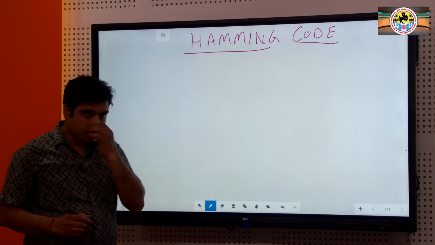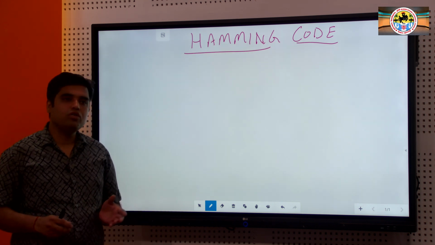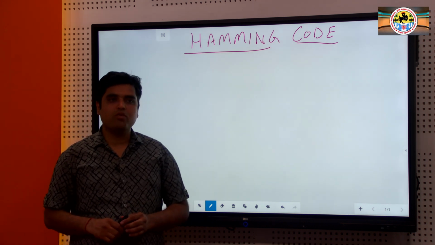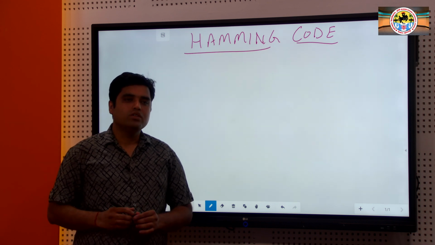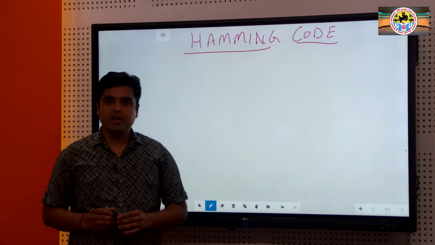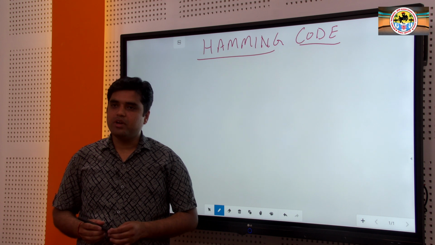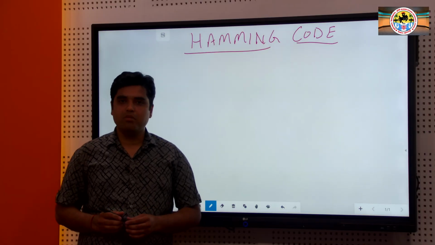So, let us see how you get a data and how you encode the data, make a Hamming code, and transmit the data or code. At the receiver end we can check whether our data is corrupted or not by using the Hamming codes.